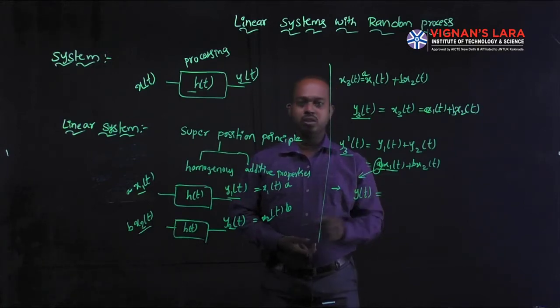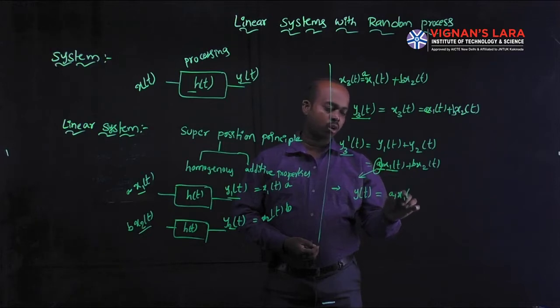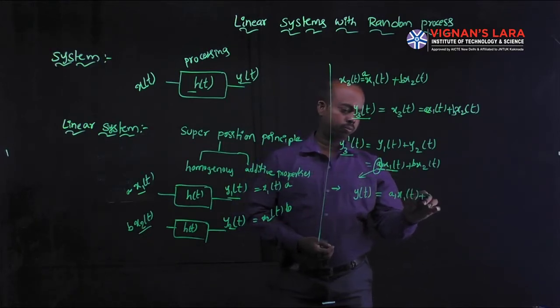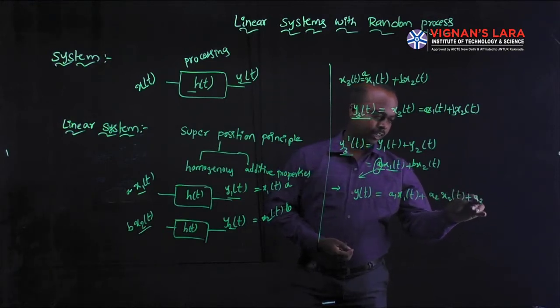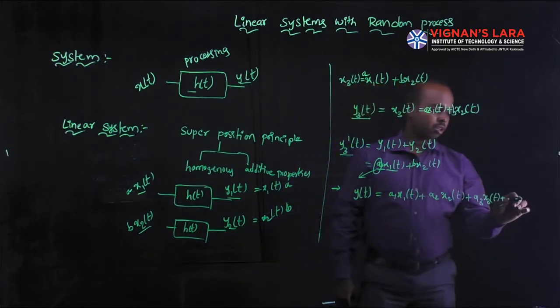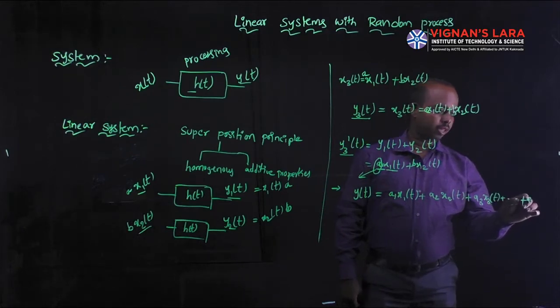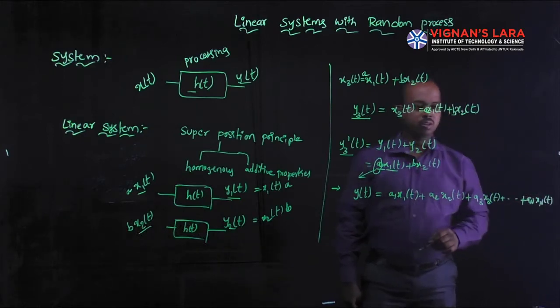It is the weighted sum of input signals: a1 x1 of t plus a2 x2 of t plus a3 x3 of t, and so on, plus an xn of t.